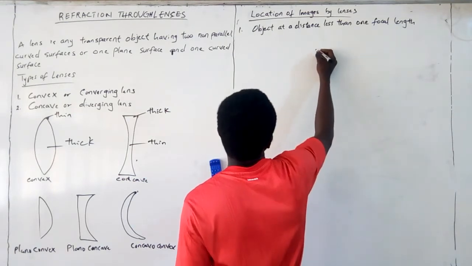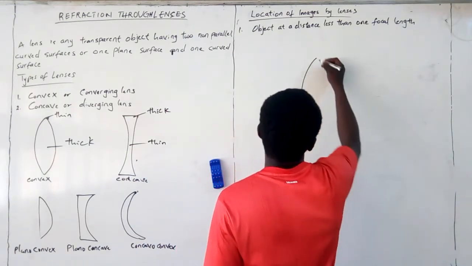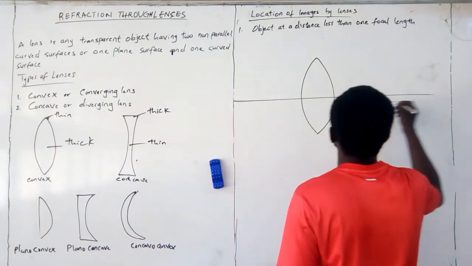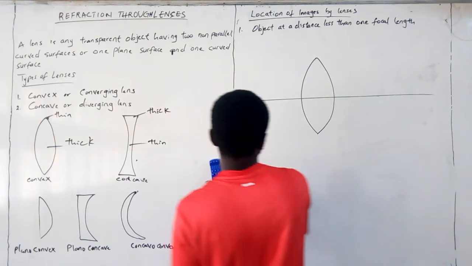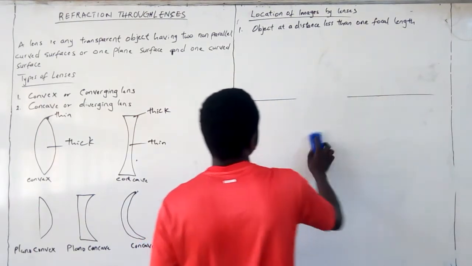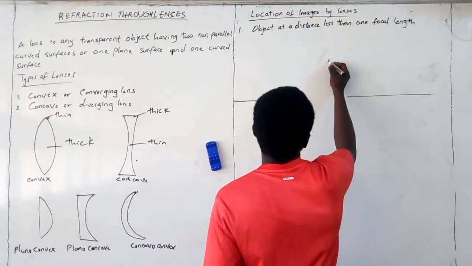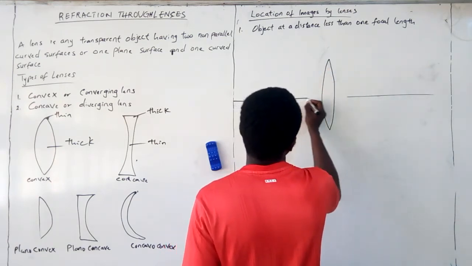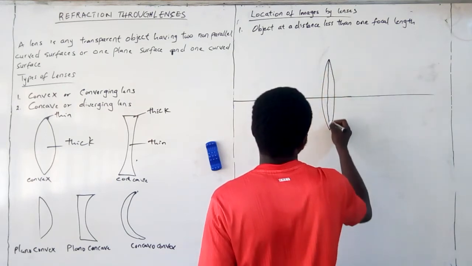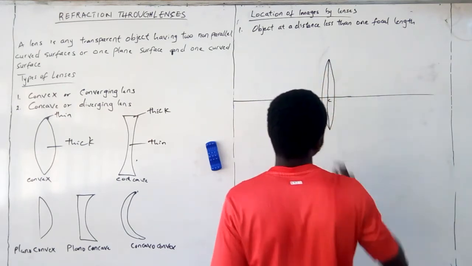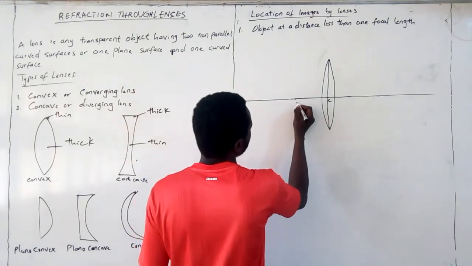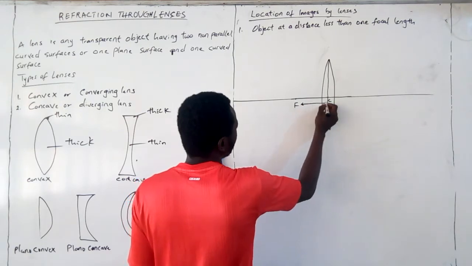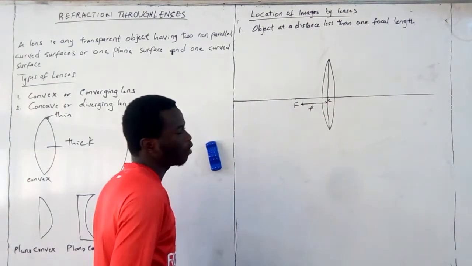This is the convex lens, then we have our principal axis. This is the optical center. Then if we choose here as F, the distance between F and C is known as F. That's the focal length.